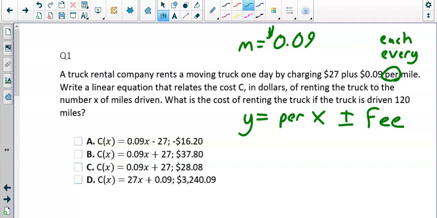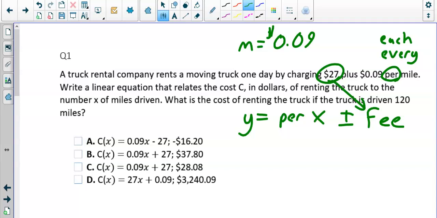So up here, if you read through just this first sentence, it says that when you rent a moving truck one day, they're going to charge you $27. That's what I'm talking about for this guy right there. It's going to cost us $27 no matter what before I can even take the truck.